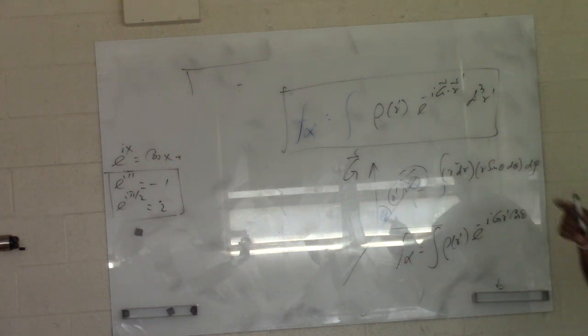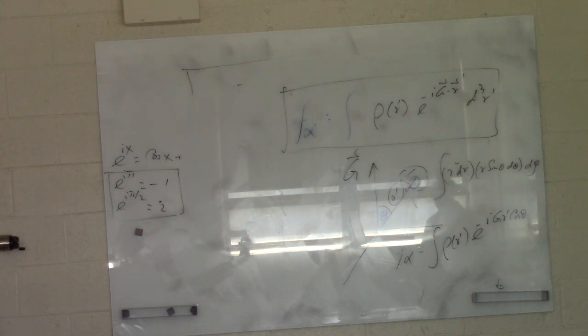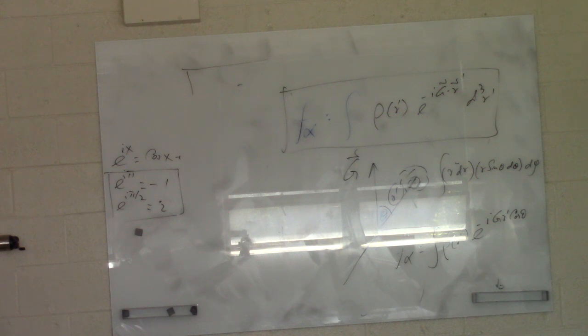I don't know if you are familiar with spherical coordinates. It's a very simple integral. This is your elemental volume: r squared dr, then sine theta d theta, then d phi, right?